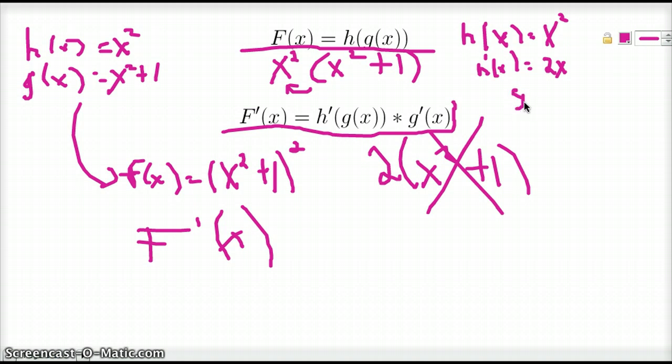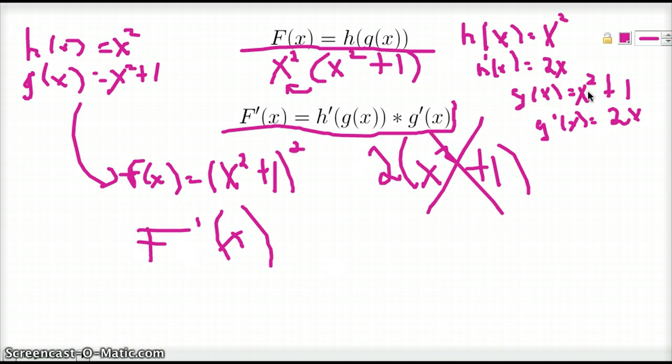You know that g of x is equal to x squared plus 1. And the derivative of g of x is simply 2x, using the power rule. The constant cancels out. Use the power rule on x squared, you get 2x.